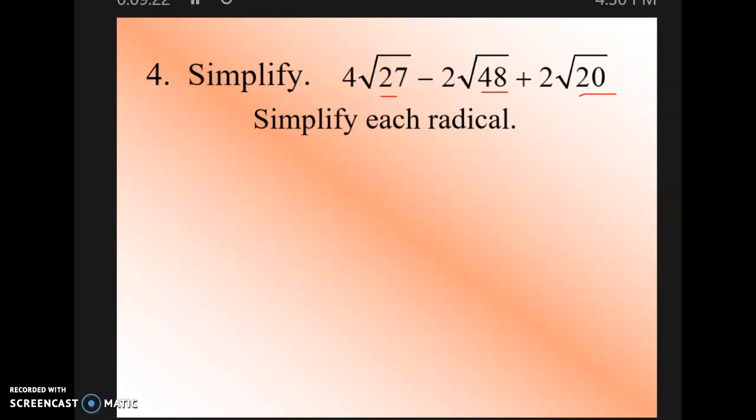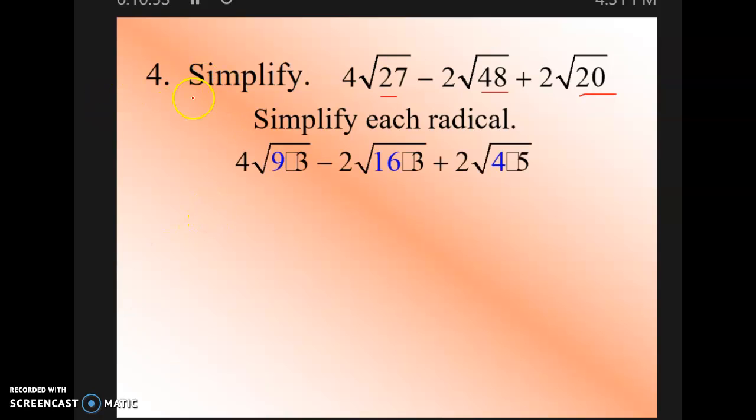We find factors underneath that multiply to be those numbers. So I'm going to try to break it down in this PowerPoint for you. If I break down each radical to what multiplies to be the number under the radical, we're going to simplify each radical.